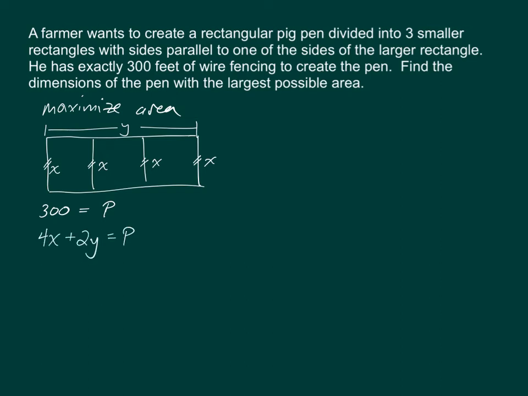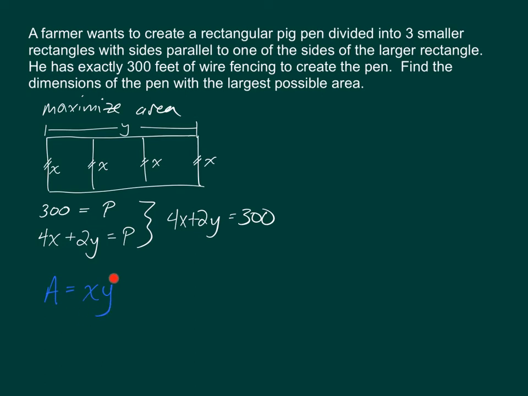So we can say 4x plus 2y equals 300. Now what is it we were trying to maximize? The area. Well, the area of the big rectangle would be x times y. So here we go, area is xy.